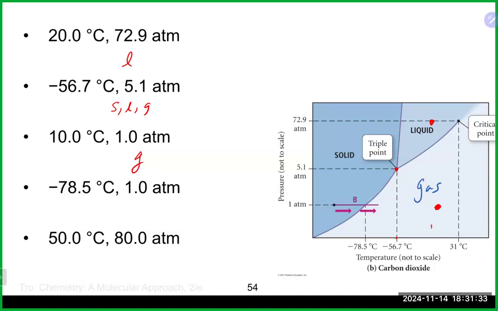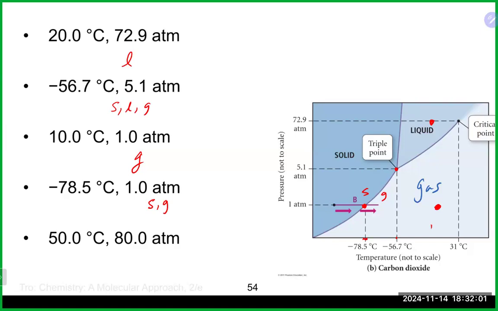And if we come over here at minus 78.5, which is down here, and 1 atmosphere puts us right there on the line, and that is the line between solid and gas, which means we're at that transition between solid and gas, sublimation, and we would have both phases occurring since we're right on the line and would be in an equilibrium with both of them.